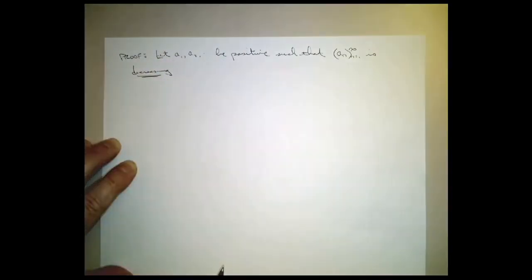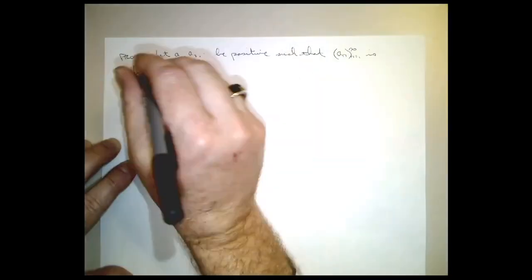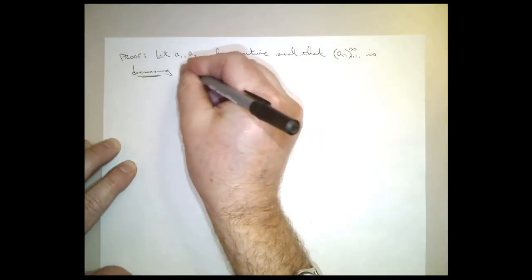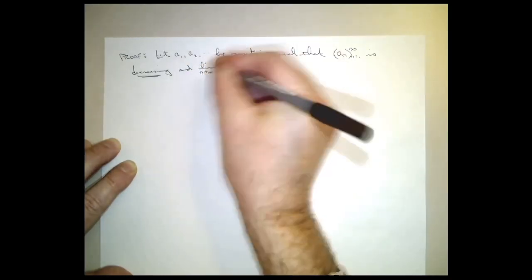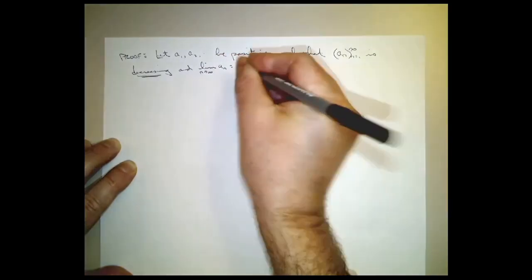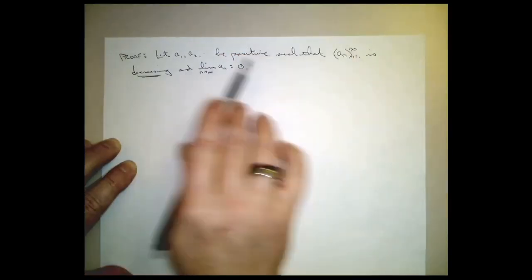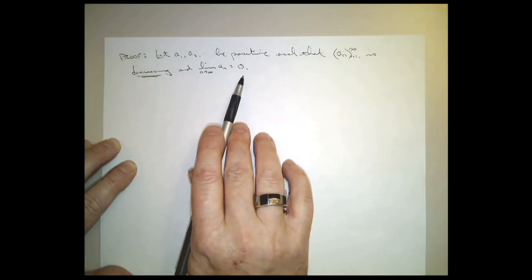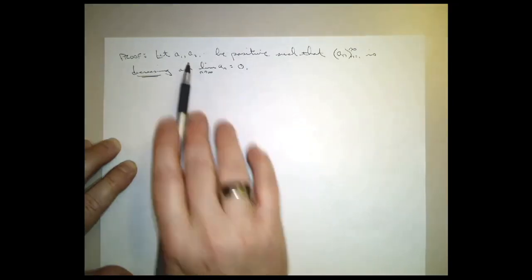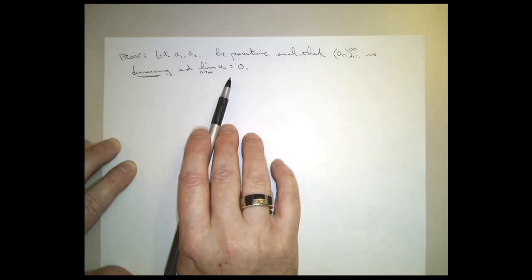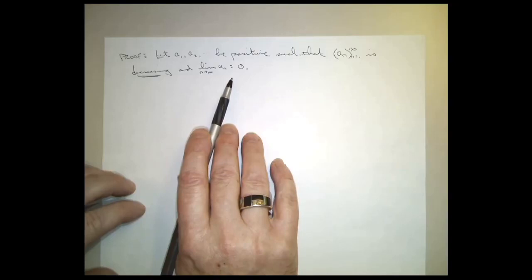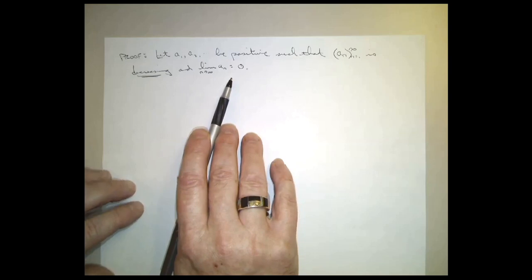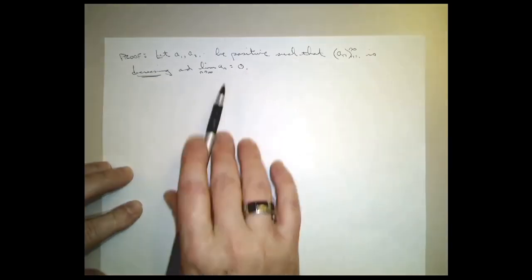That's going to be important. And we want the limit of the terms to be 0. Now, you recall the limit of the terms is going to have to be 0 anyway if we're going to have the corresponding series be convergent, right? Our divergence test, which is often called in standard textbooks the nth term test, but I like to call it the divergence test. It reminds us about what it's saying.